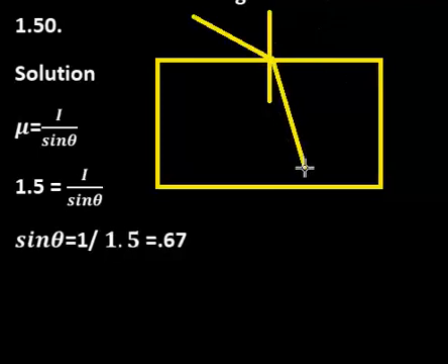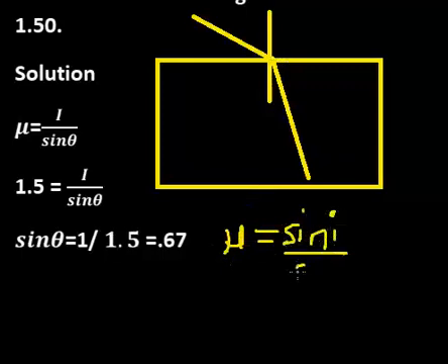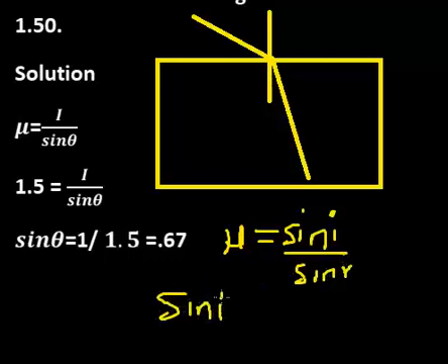Now from the formula of refractive index, which is sin i all over sin r, if I cross multiply, I can simply say that sin of incidence is equal to refractive index multiplied by sine of refraction.